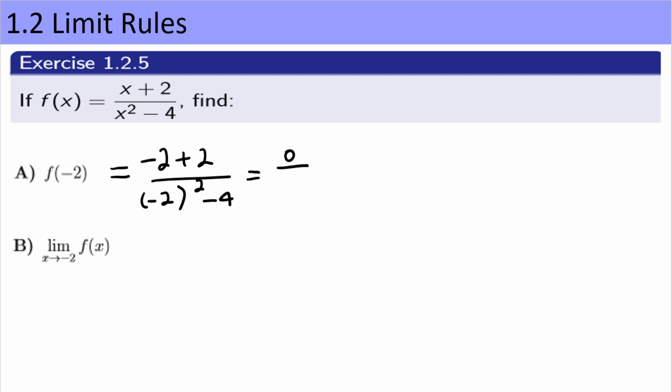So that's 0 over 0. 0 over 0 is not simply undefined. At this moment, we say that 0 over 0 is indeterminate. That means we can't tell, so we have to do something else.